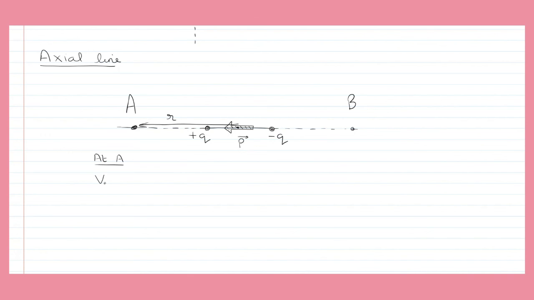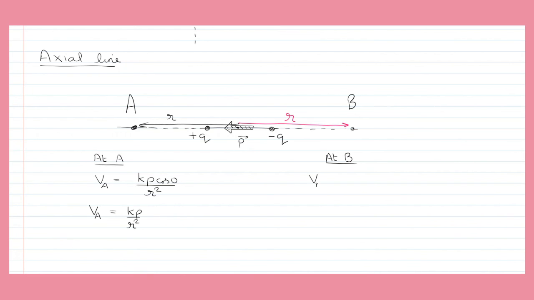So the potential at A will be K P cos 0 upon R square, which means K P upon R square. Potential at the point A. At B, if we draw the position vector from the center to the point B, again this distance is r, but you can see that the angle between P and R is 180.